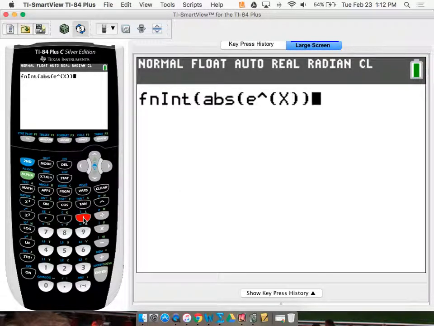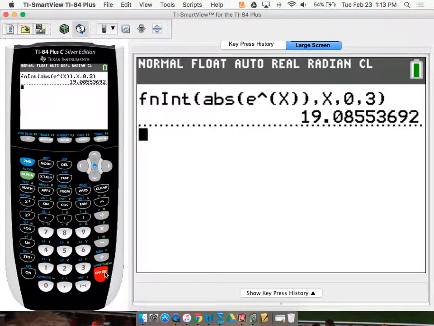Close parentheses, close parentheses. Remember, it's always your function, comma, x, comma, lower bound, comma, upper bound. I forgot the minus 3.